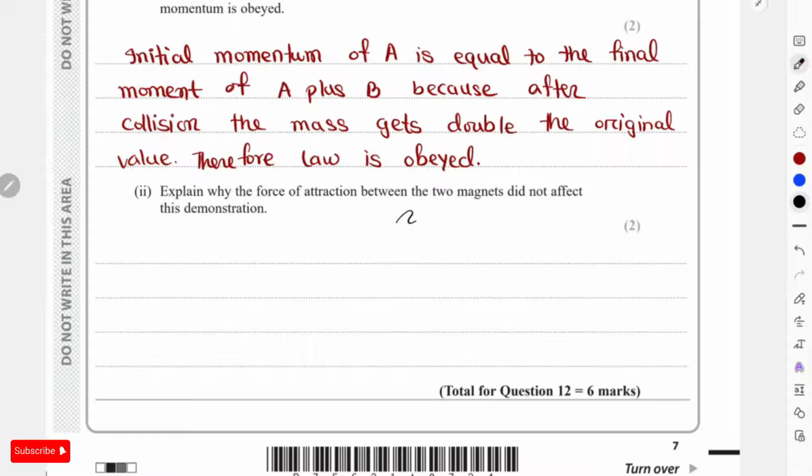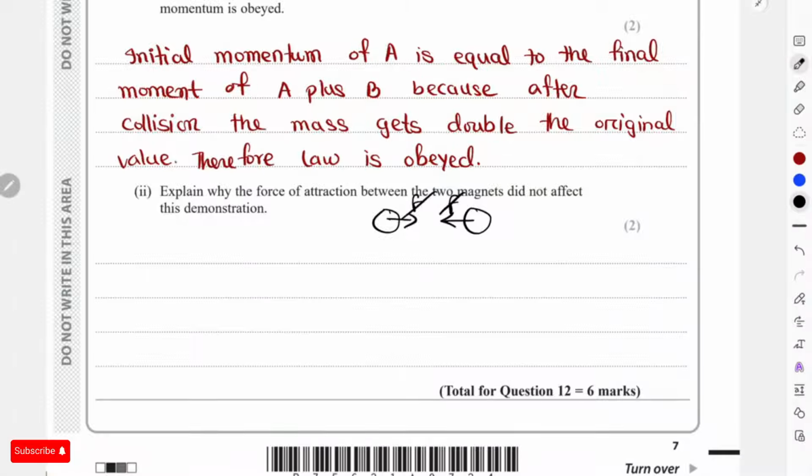For example, if particle A was attracted towards the right and B was attracted towards the left, right? After collision, A and B combine together and become a system, one combined particle. So in this case, this F and this F will cancel each other out. So there will be no resultant force acting on the system.